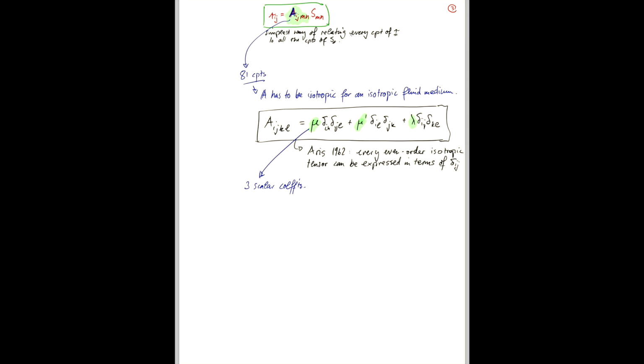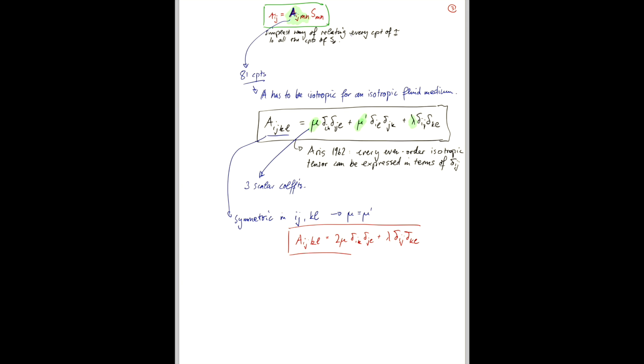And since A_ijkl, in our case, actually has to be symmetric in ij and kl, we then realize that mu and mu dash have to be the same. And you are left with just A_ijkl is 2 mu.